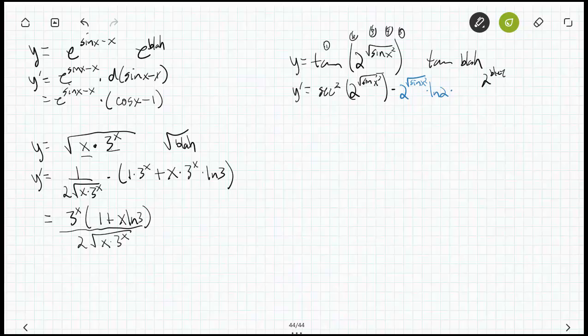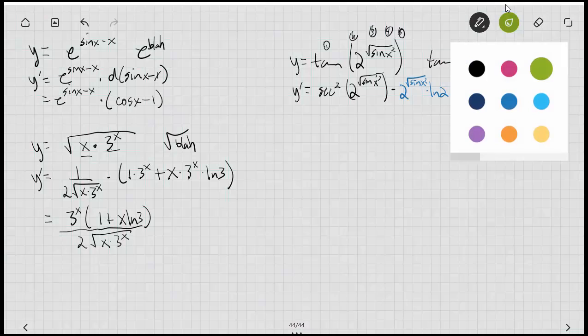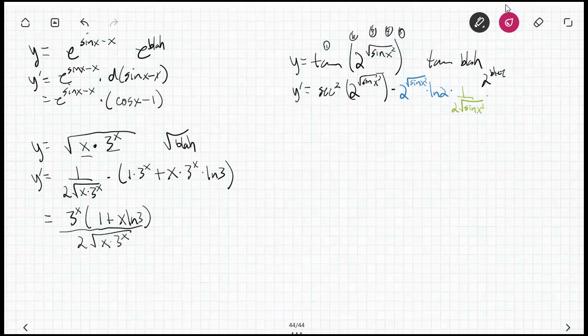Let's go back to blahs. The square root of blah, the derivative of that is 1 over 2 root blah, which is root sine of x squared, times the derivative of what was inside the square root. So let's go to red. Well, what was inside the square root? The sine of x squared. Think of that as sine of blah. The derivative of sine of blah is cosine of blah.